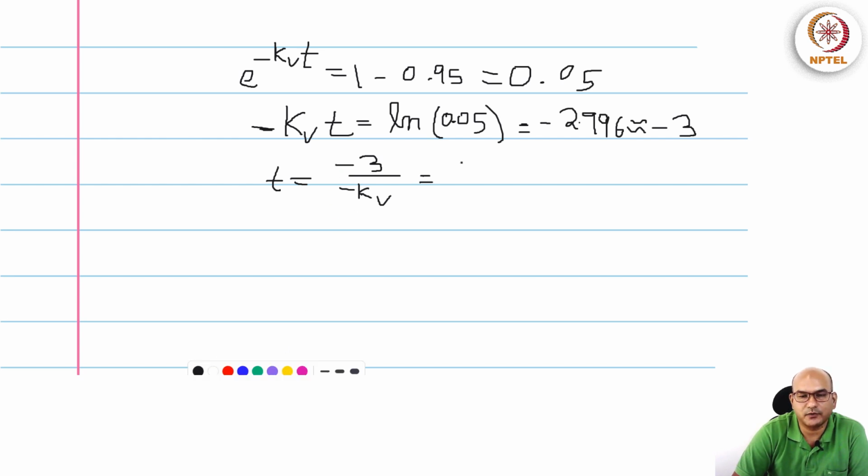So this will be equal to 3 by 0.35, and kV is actually per day. So this will be 3 by 0.35, around 8.6 days.